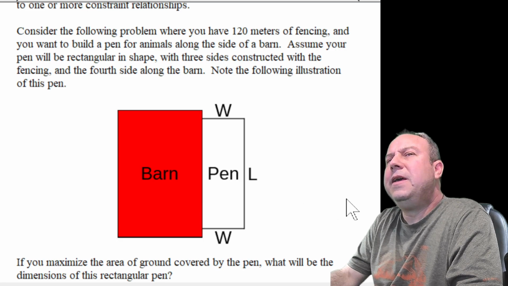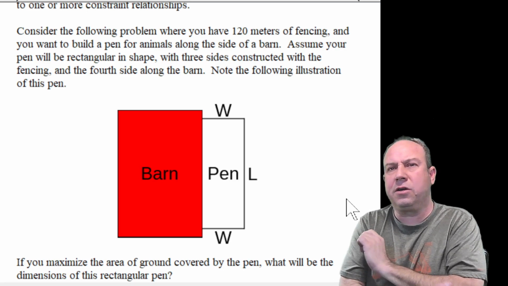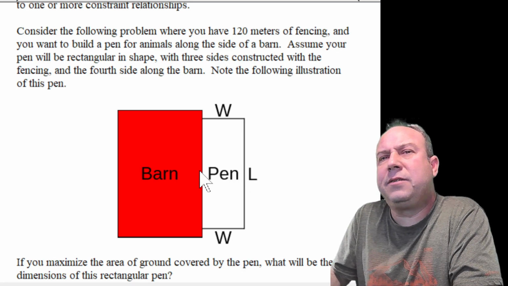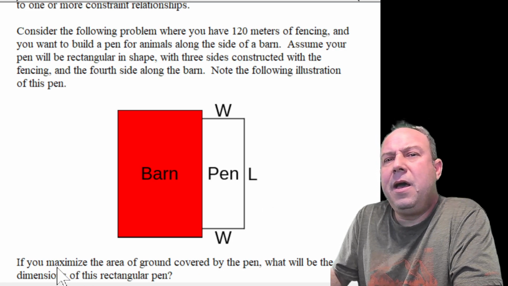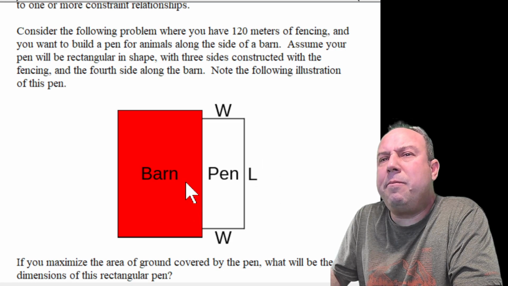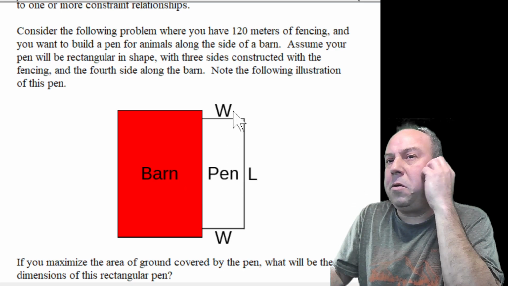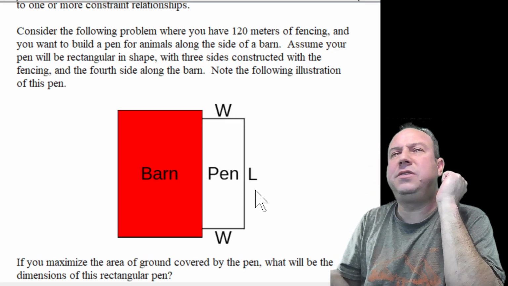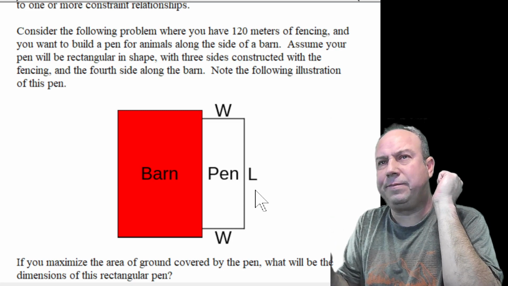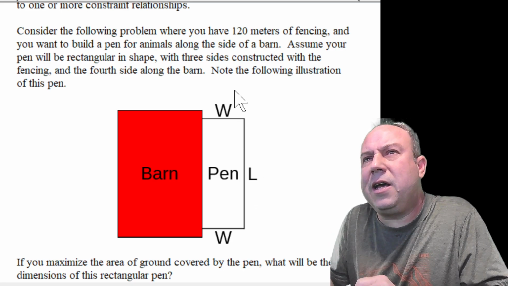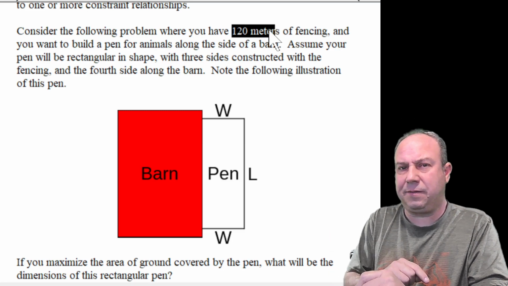If we call the shorter sides of the pen the width, and the longer side, the side parallel to the barn, the length, if we want to maximize the area of ground covered by the pen, there will be a set of dimensions W and L that will maximize this area, subject to the constraint that we only have 120 meters of fencing.